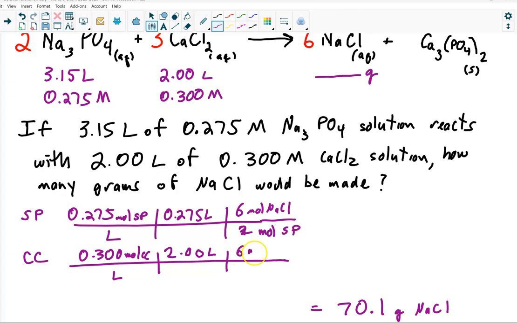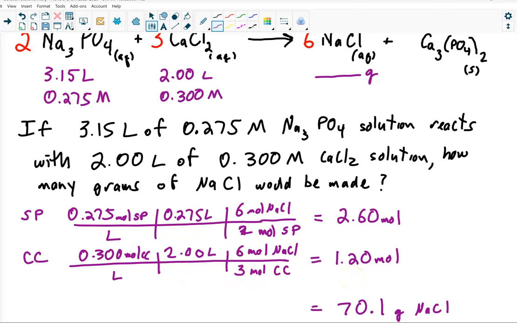It's still 6 moles of NaCl, but it's per 3 moles of calcium chloride. And the sodium phosphate one was the 2.60, remember, we already did that one. How many moles is this other one? 0.3 times 2 is 0.6, times 6 over 3 is times 2, so 1.20 moles.